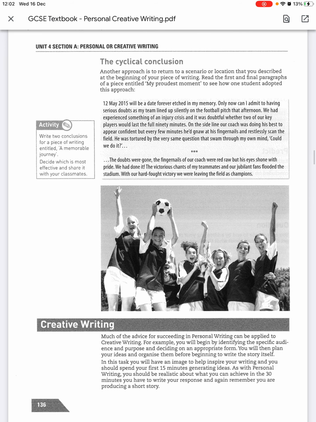The last piece here is the cyclical conclusion. In other words, a cycle, finishing where you started, okay? So if you read these 2 passages here, you'll notice that the conclusion comes back to the same idea, the same starting place as the introduction.